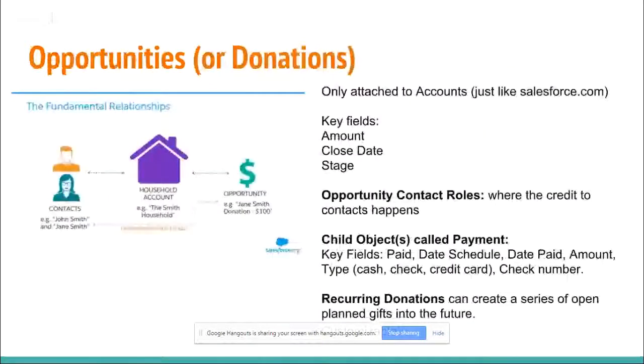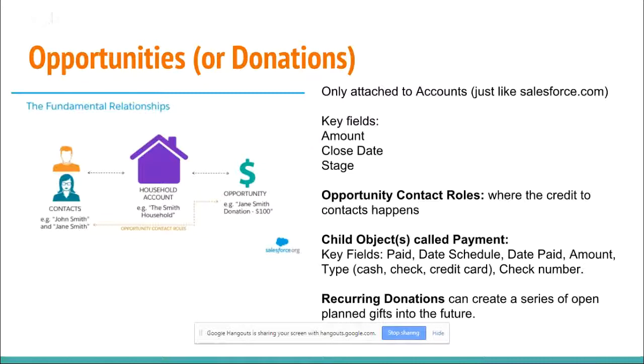We capture money with opportunities just like we do in commercial Salesforce. And the key fields are just as you've always done: amounts, close date, stage. But often in the nonprofit world, we think of the money not coming from an account, but from a person. And Salesforce does not make that direct connection. So money is always attached to an account, but we use opportunity contact roles to say who gave us the money.